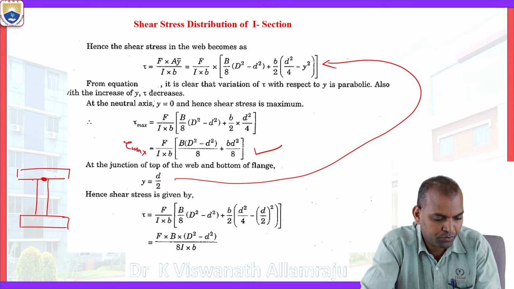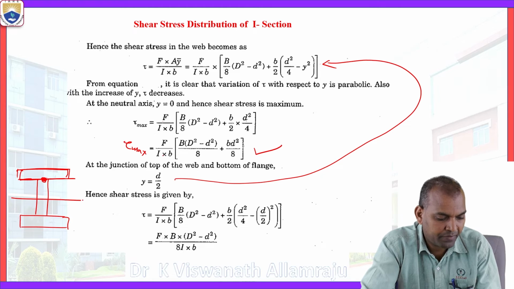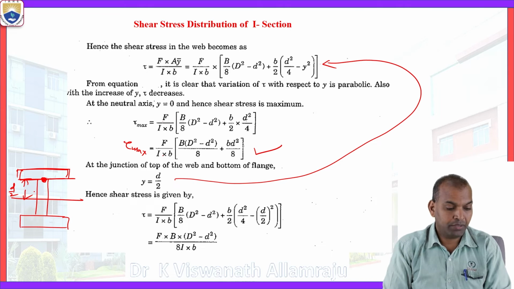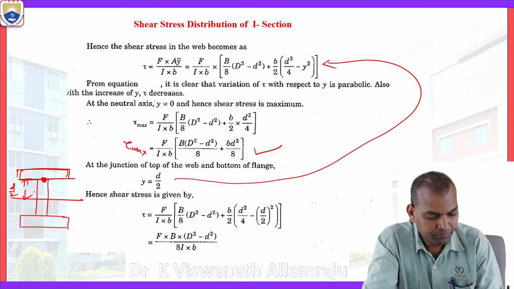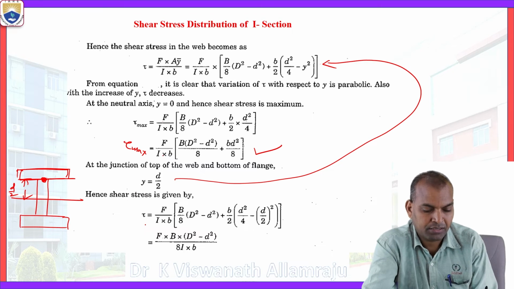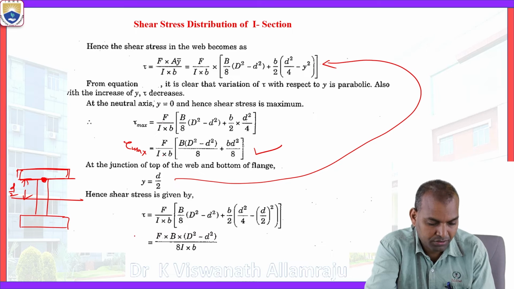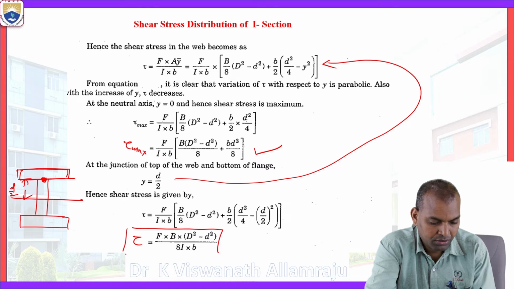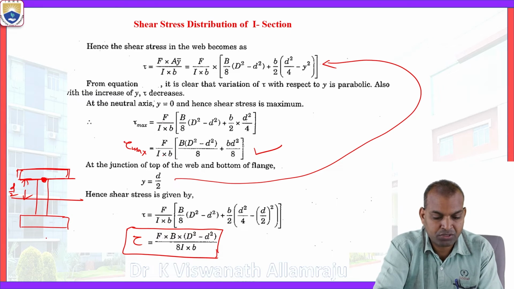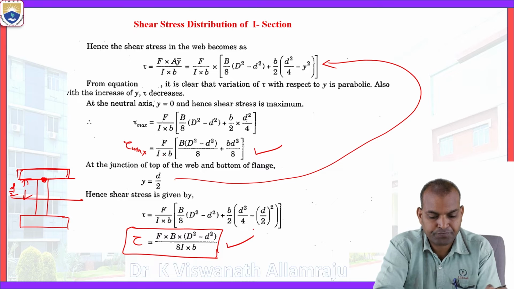This is the junction portion, the bottom of the flange, top of the web, from the neutral axis. This is the portion d by 2, y equal to d by 2. If you substitute y equal to d by 2, the formula is transformed into another type, tau equal to F B times capital D square minus small d square by 8 I b.